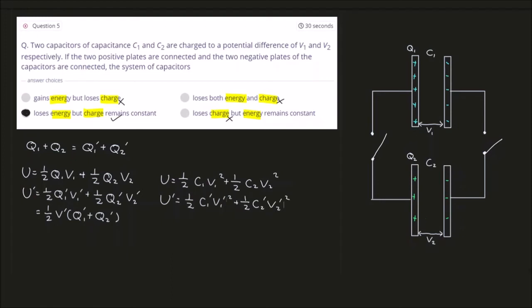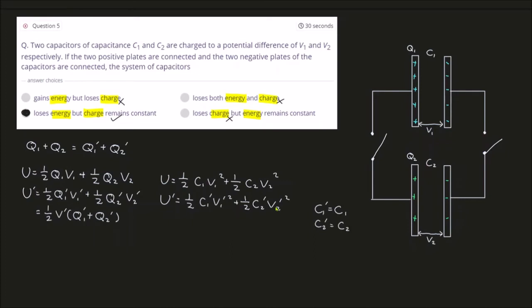We know that C1 prime and C2 prime will not be different from C1 and C2 because we are not changing the epsilon, we are not changing the A, we are not changing the D. So the capacitance should not change. C1 prime is equal to C1, C2 prime is equal to C2.